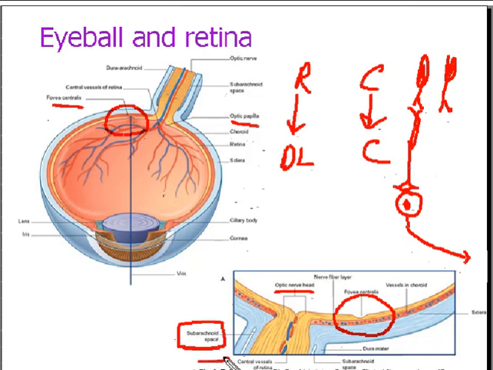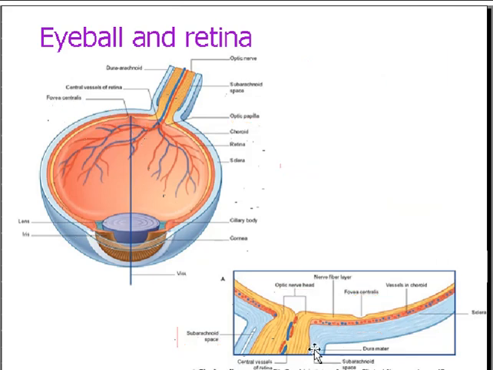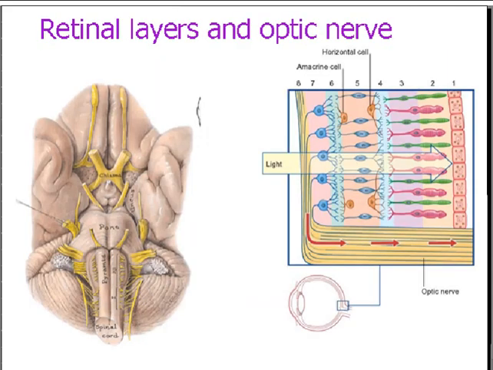So keep that in mind, so that when we do a condition called papilledema, you'll be looking at this. Let's move on to the next slide and look at the layers of the retina, and then see where the optic nerve is in relation to the brain.